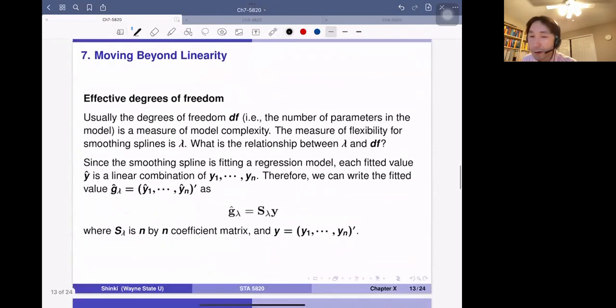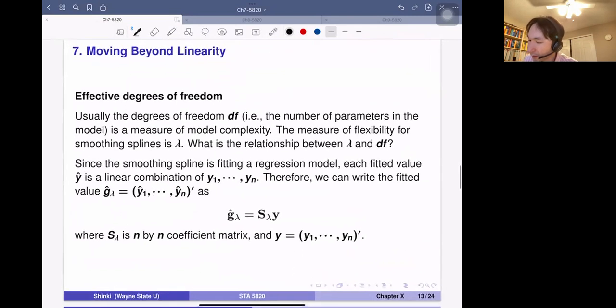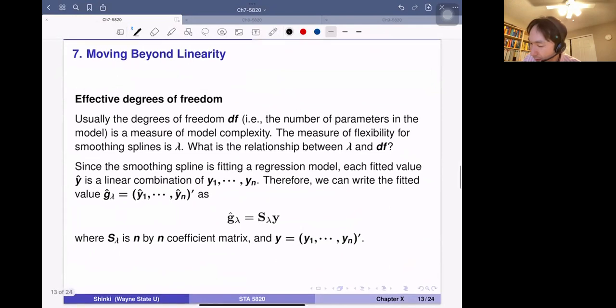So how do we define the effective number of degrees of freedom? That is here, and the effective number of degrees of freedom is defined as here. Usually the df, the number of parameters, is a measure of model complexity, but the measure of flexibility for a smoothing spline is lambda.